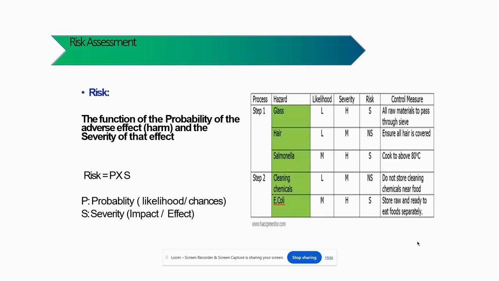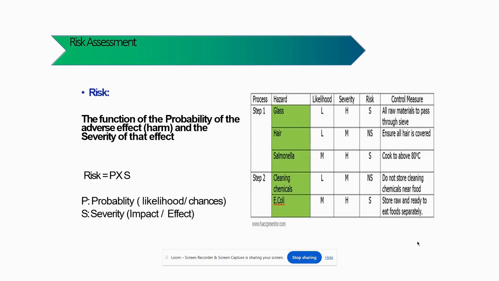We need to list what are possible hazards pertaining to biological, physical and chemical hazards, and also we need to see the likelihood of occurrence of that particular hazard as well as the severity of the hazard. Then the product of this likelihood of occurrence and the severity which it creates will give you the risk. We need to do this for each and every processing step based on the process flow chart.